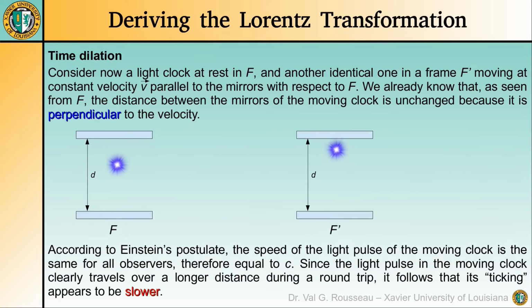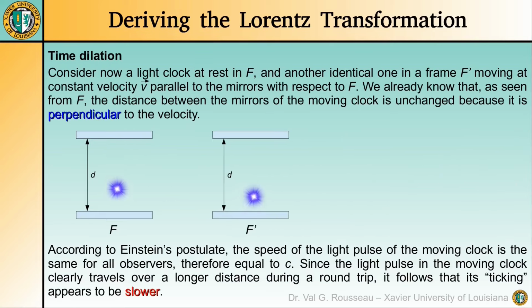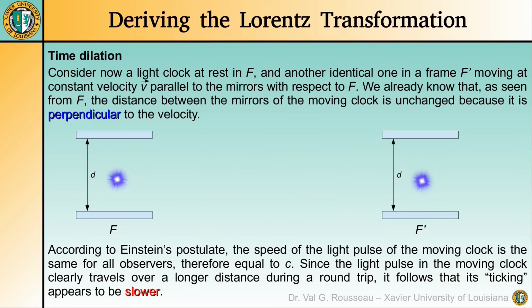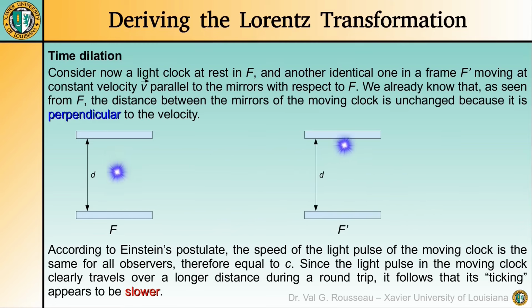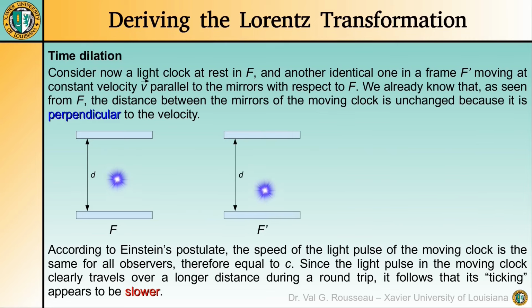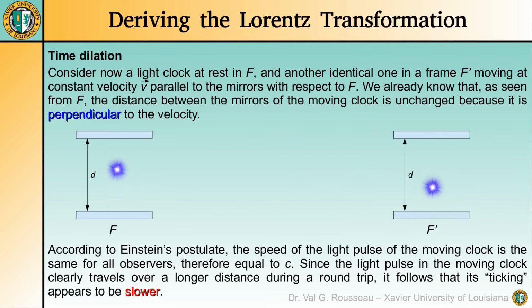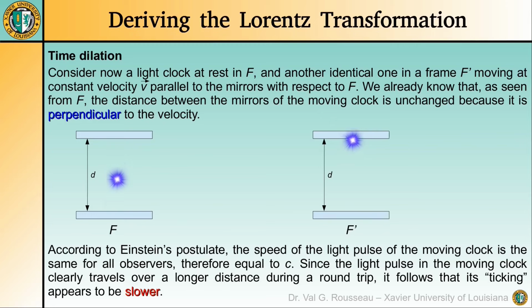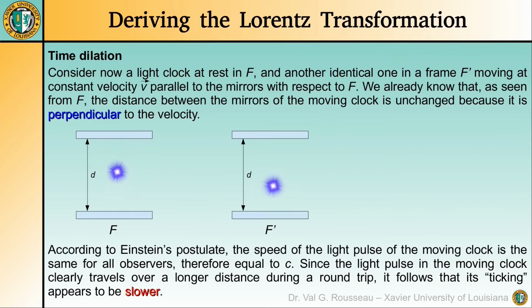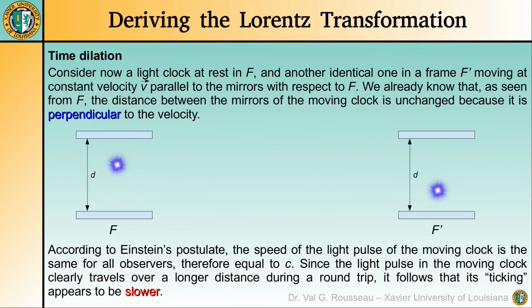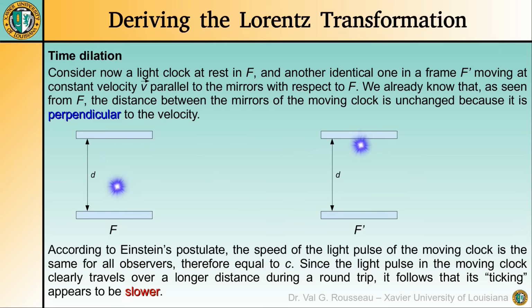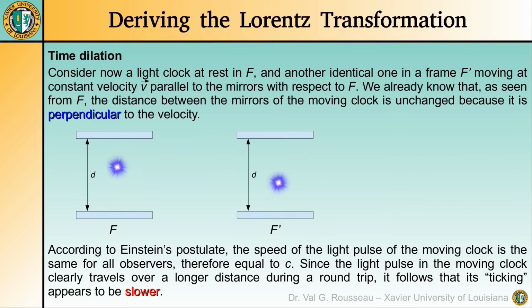Now, suppose the two frames F and F' have identical light clocks. They are oriented in such a way that the mirrors are parallel to the direction of the velocity. The distance between the mirrors is therefore perpendicular to the motion and appears the same whether the clock is moving or not, as we have already proven.